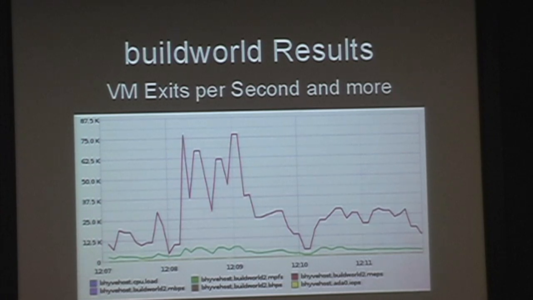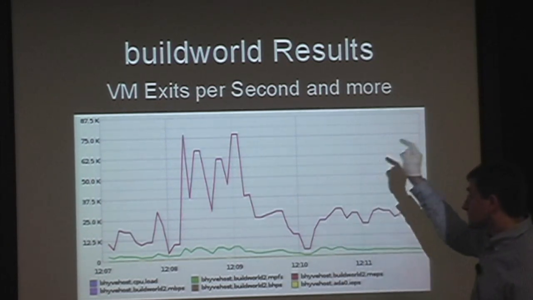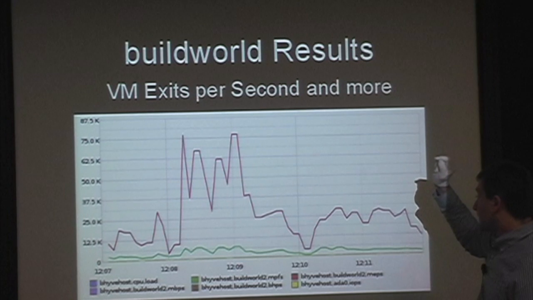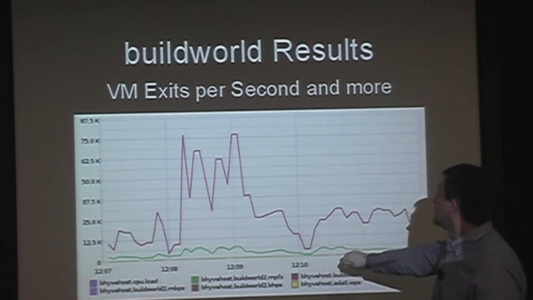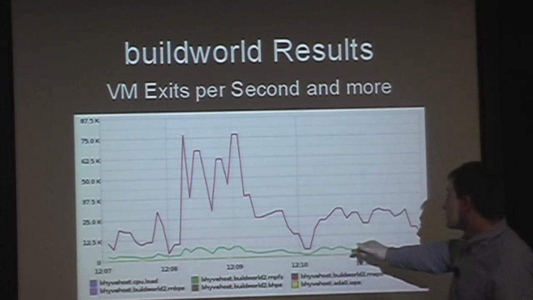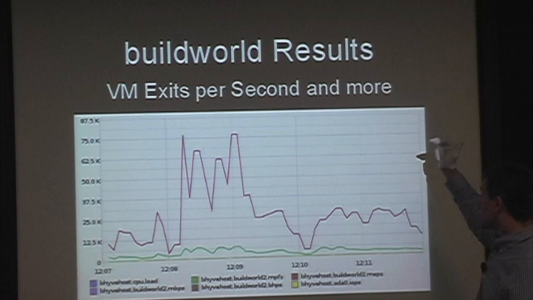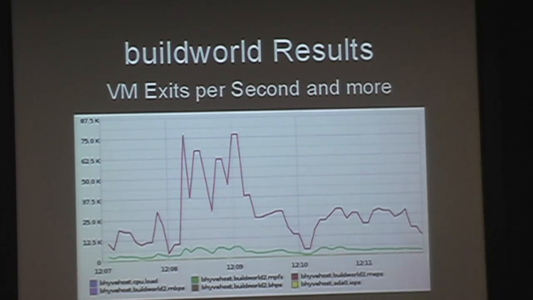So the classic FreeBSD metric, the build world, initially had lots and lots of VM exits. And then surprisingly, the Bhyve process would eventually hit at times 100%, not be graphed too much. This was pretty quiet.